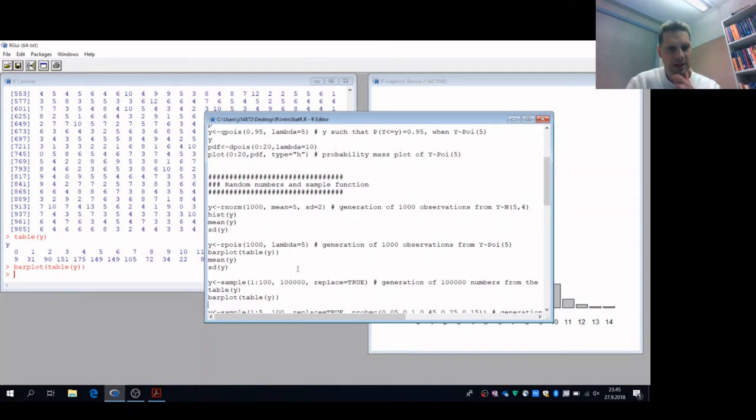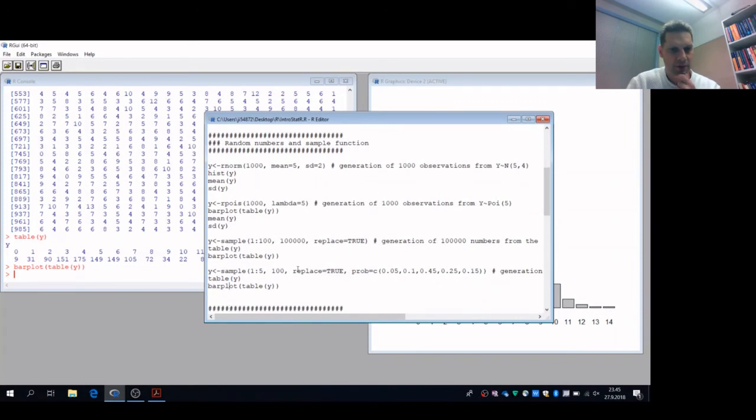Then we have our sample function, which is given here, so that the sample function can be used to pick some elements, sometimes with replacement being true.